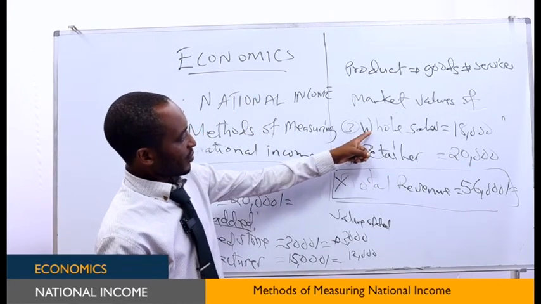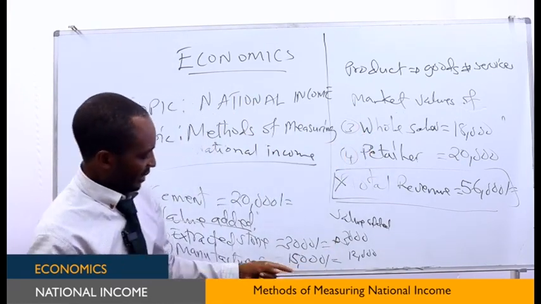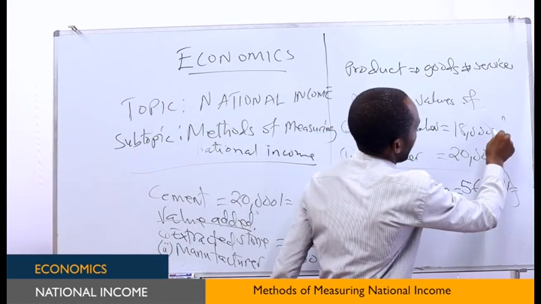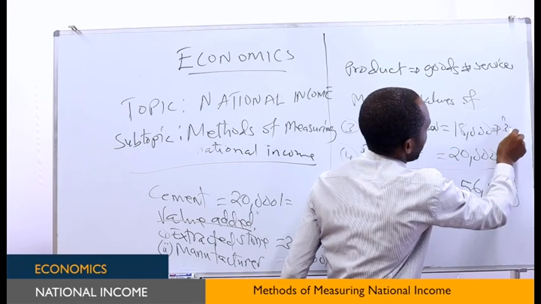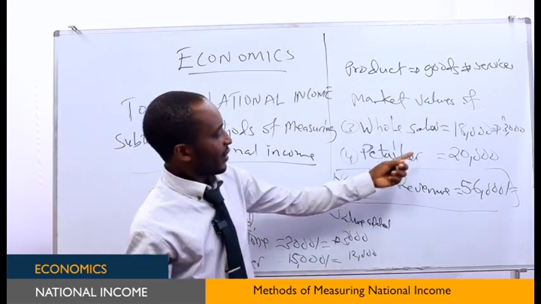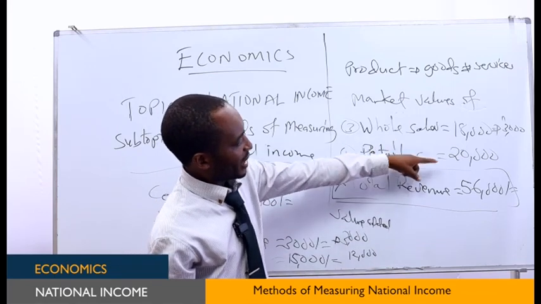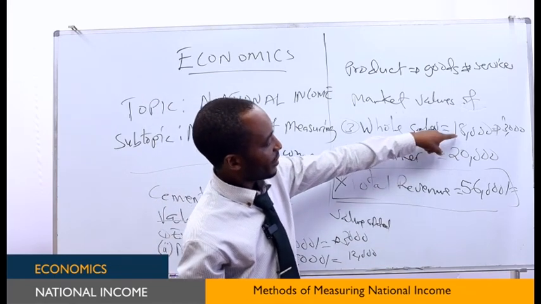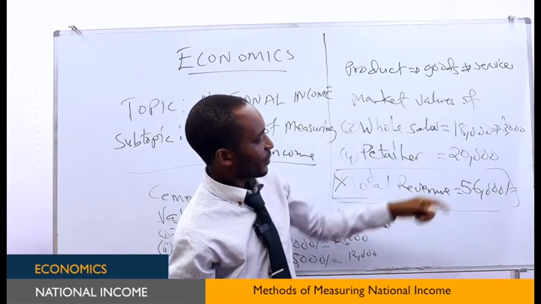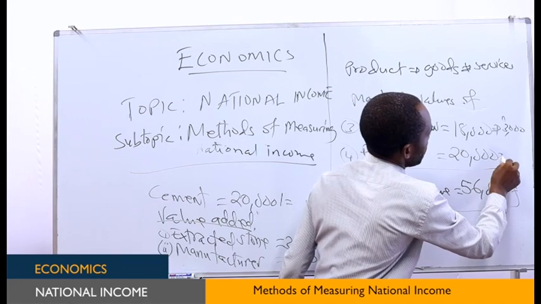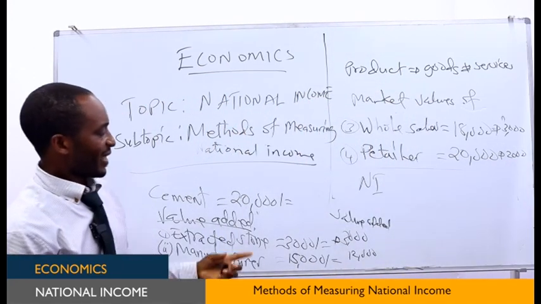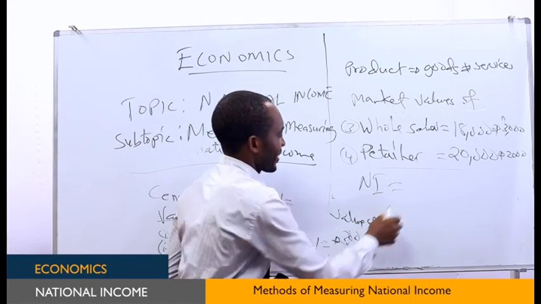Then stage 3, we can see an increase from 15 to 18, so the value added here will be 3,000. For the fourth person, the value added from 18 up to 20 will be 2,000.